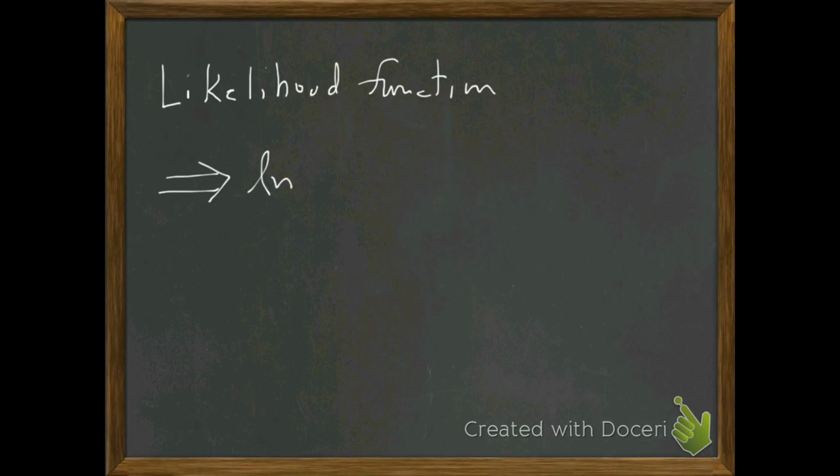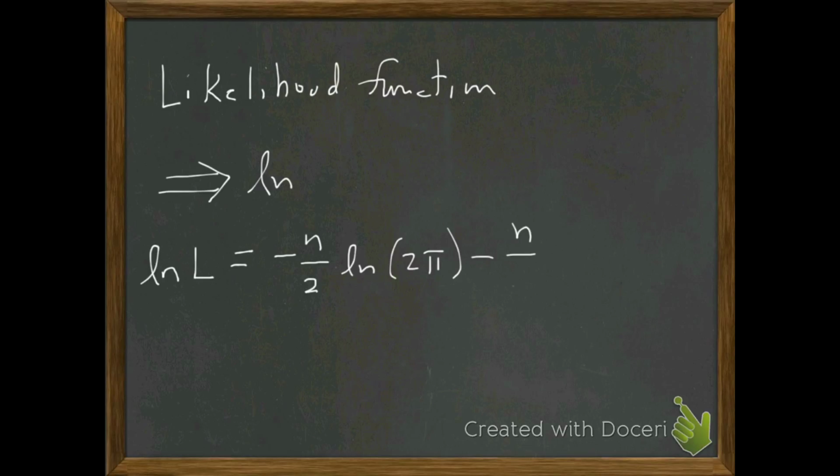Take the natural log, because it turns out it is much easier to differentiate than most likelihood functions. So if we take the natural log of the likelihood function, we're going to get negative n over 2 natural log of 2 pi. If you do this long enough, this is one of those things that you just remember.